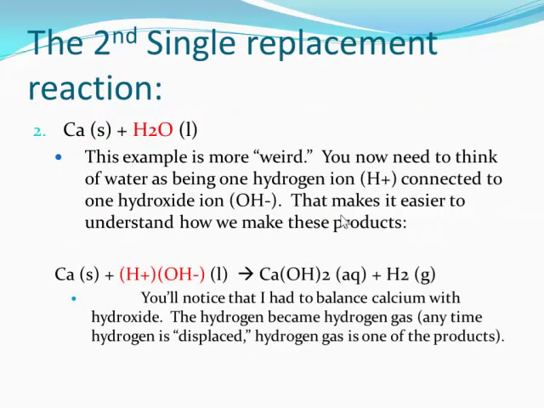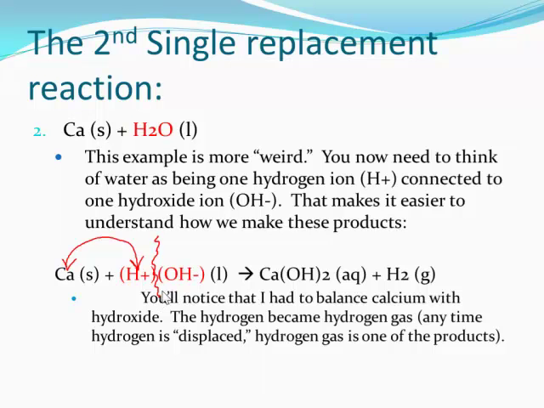Now let's look at water. Calcium replaces hydrogens from acid and water, so I know that this reaction is going to work too. But water's a little bit weird. We need to make sure that you remember that water should be treated as a hydrogen ion attached to a hydroxide ion. That'll make it easier for you to visualize, because calcium will replace the hydrogen, right?